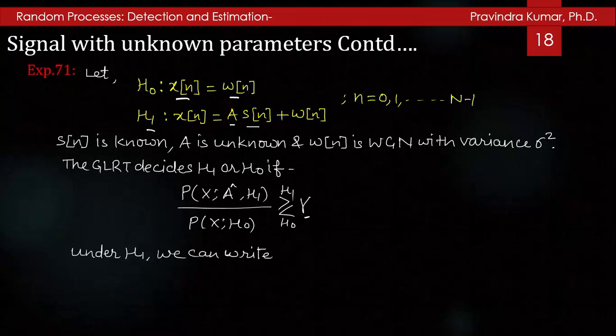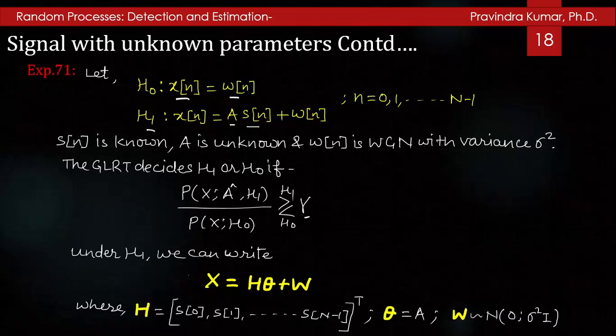So here we can write the expression: the observed data x is equal to H theta plus w. Here H is [s0, s1, ..., s(N minus 1)] transpose, meaning all the signals are in the matrix H, and theta involves the unknown parameter.